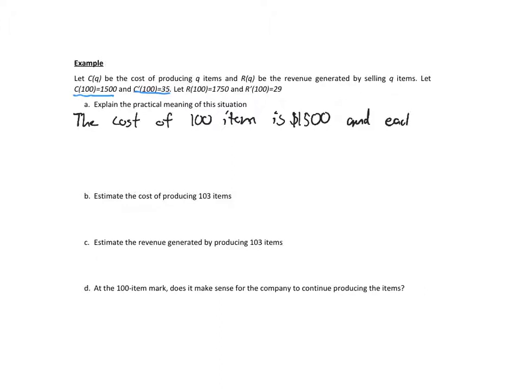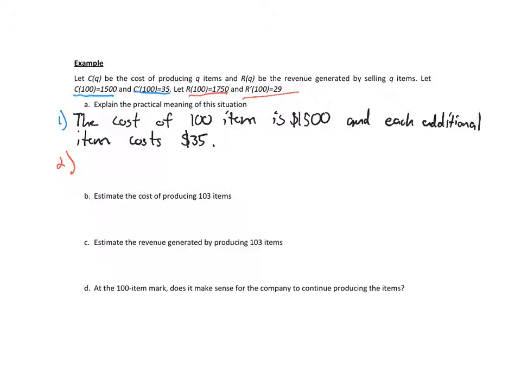And each additional item costs $35. So that's what the cost is telling us. Now let's consider what these revenue numbers are telling us.